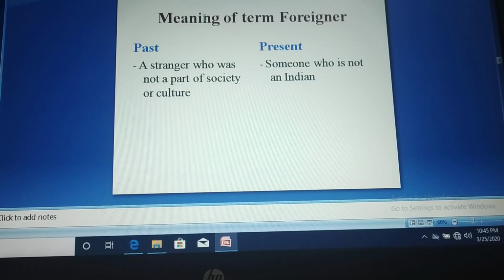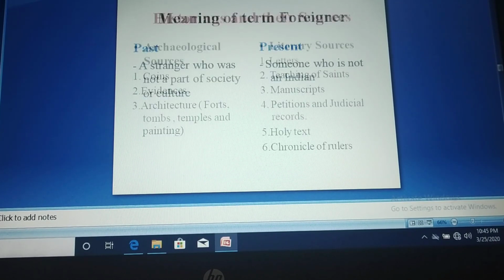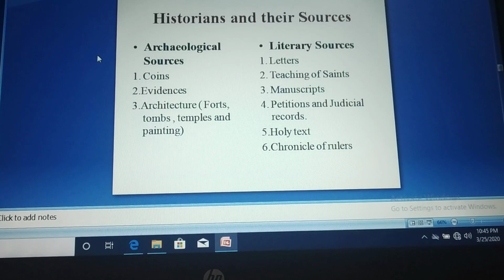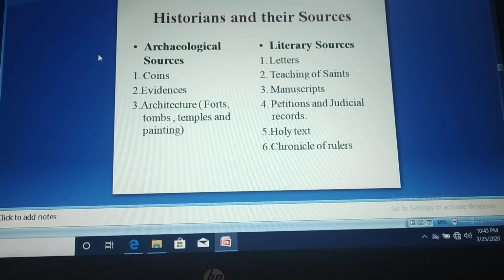Now, the next thing which we are going to study today is history and its sources, the way we study history and the sources. Broadly, we classify the sources of history in two categories. One is archaeological sources and the second is literary sources.